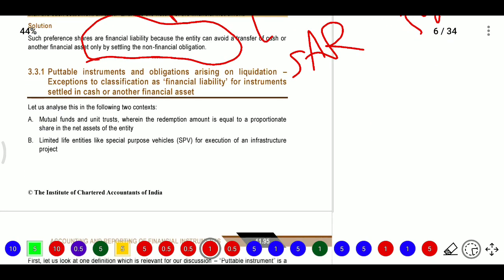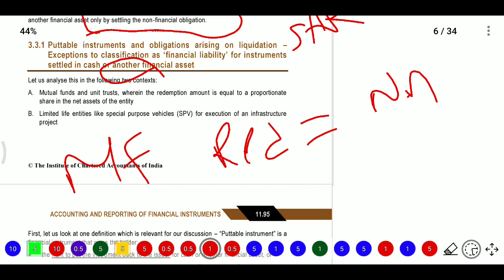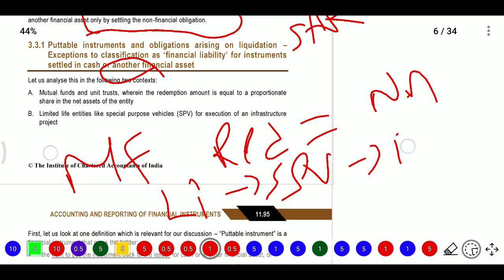Next, putable instruments and obligations arising on liquidation are an exception to classification as financial liability for instruments settled in cash or another financial asset. So here we need to treat two concepts. One is mutual funds, some unit trust, where the redemption amount is equal to the net assets of the entity, or some limited life entities, an SPV for execution of infrastructure projects.